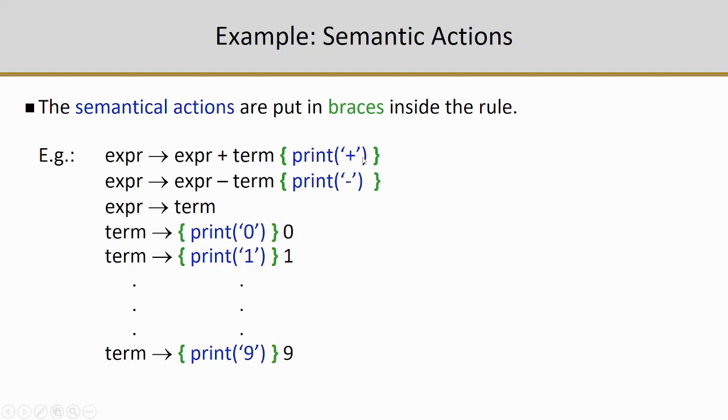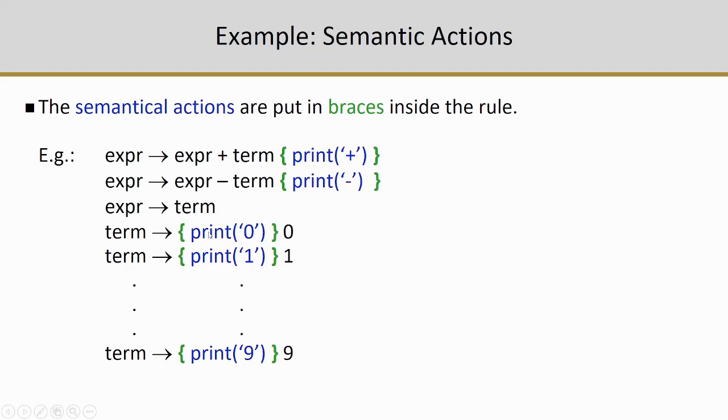So in braces we can write code segments, but these semantic actions, these blocks covered by braces, are not necessarily on the rightmost of the grammar rule, but can be included at any place in the right hand side of the grammar rule.